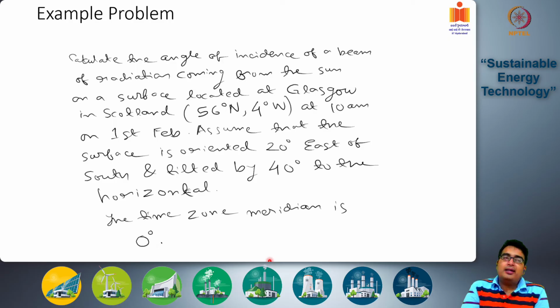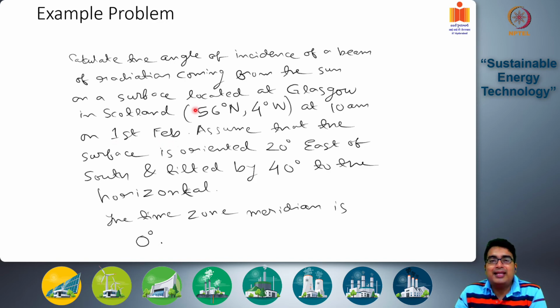Let's look at an example which will help to clarify many of these issues for us. So let us calculate the angle of incidence of a beam of radiation coming from the sun on a surface located at Glasgow in Scotland, which is at 56 degrees north and 4 degrees west, at 10 am on 1st February.